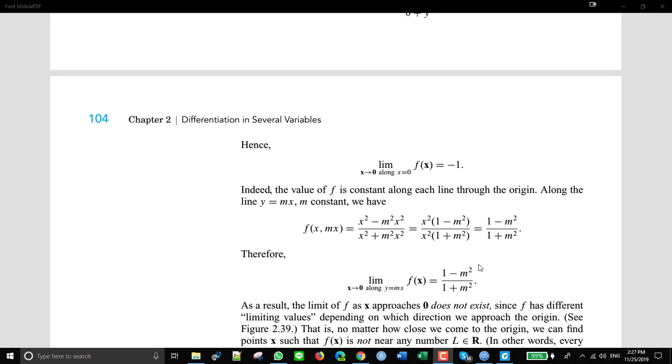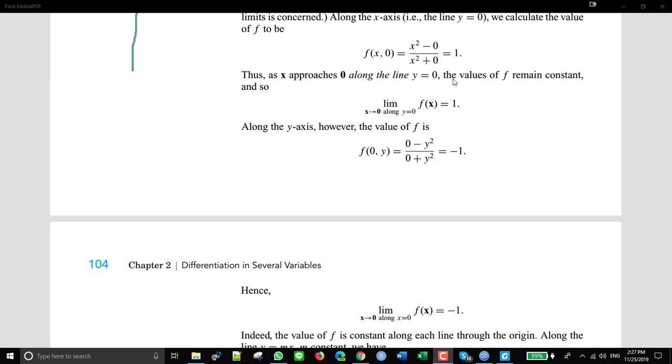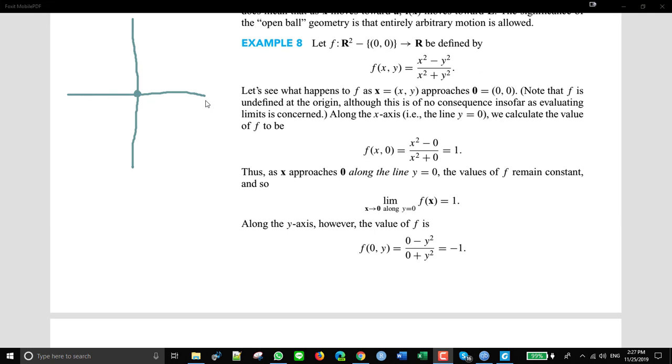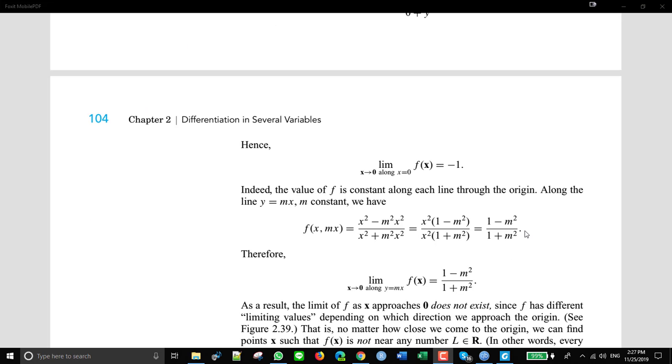So if we don't get a unique limit, and already we know that we didn't get a unique limit because we got 1 in the case of going this way and negative 1 in the case of this way, but even for all these paths, we get many other values. Every path, every angle that we approach the origin from gives us a different m. We get basically an infinite number of values for what the limit will be, depending on the path by which we approach the origin.